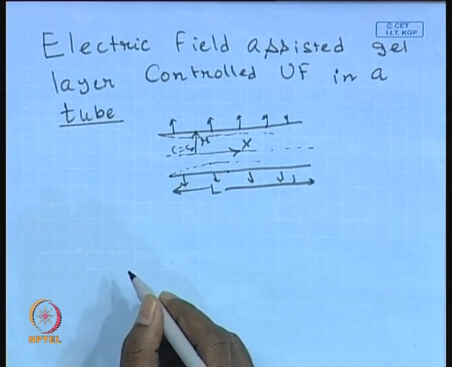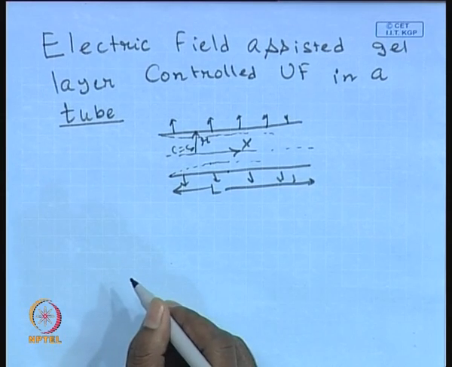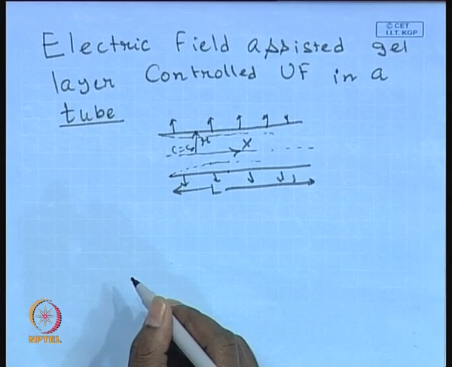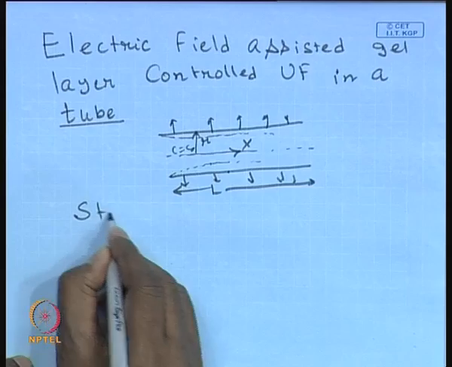If you remember what we did in the earlier analysis, we did a solute balance in the concentration boundary layer or mass transfer boundary layer under steady state. This is a steady state operation.